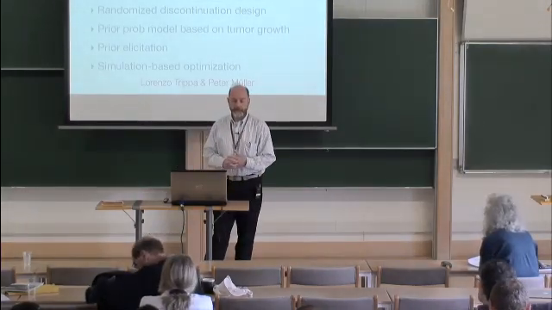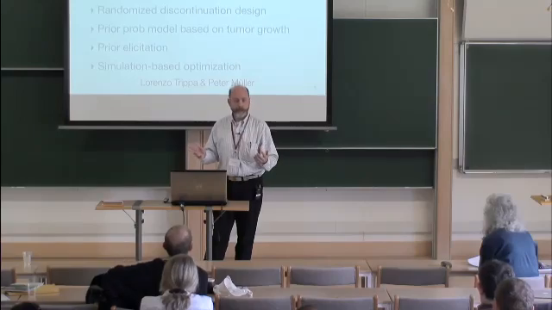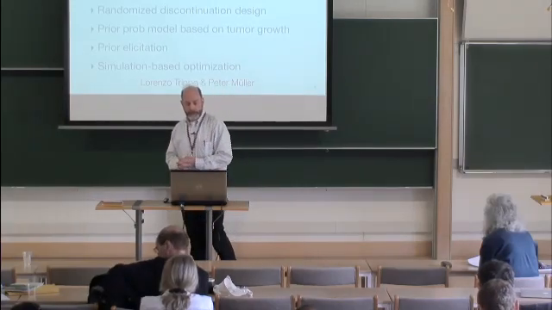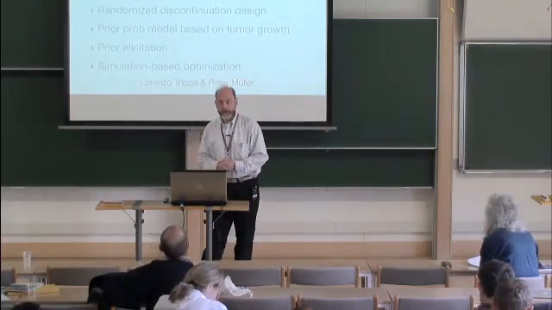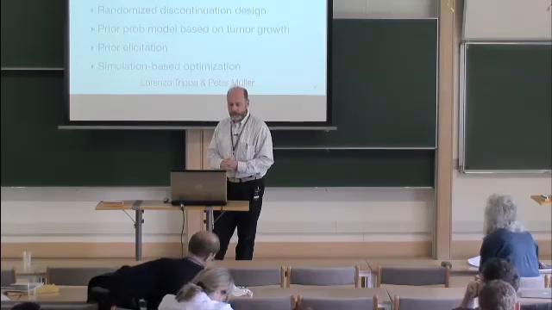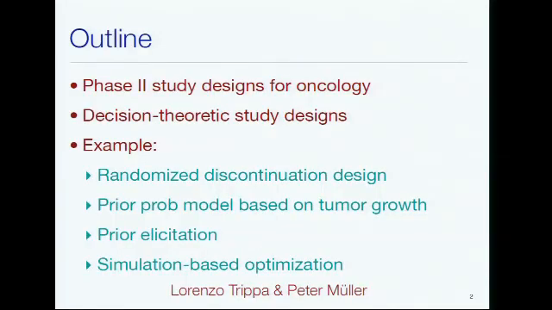Then I'll talk about the use of decision theoretic considerations in designing studies. And I'll apply that in a particular type of study design called the randomized discontinuation design, and how we've incorporated a tumor growth model within the context of the decision theoretic model that requires one to be able to make predictive statements about what's going to happen in future patients, apply a utility function, and come up with optimal designs.